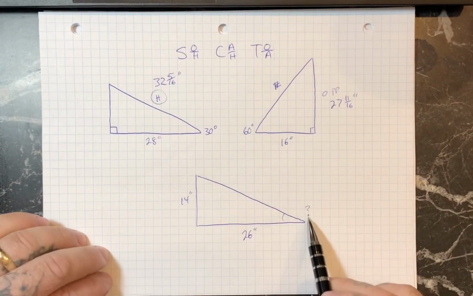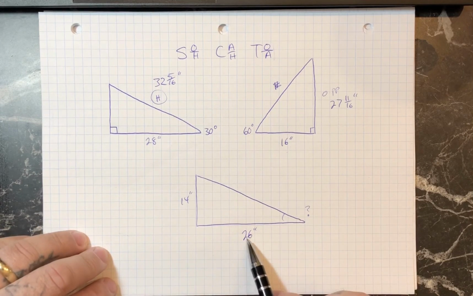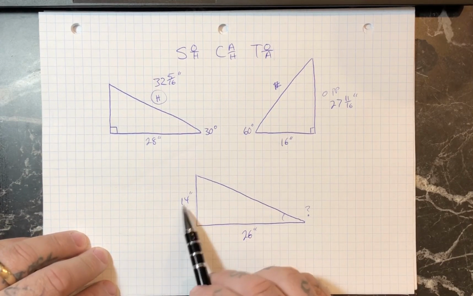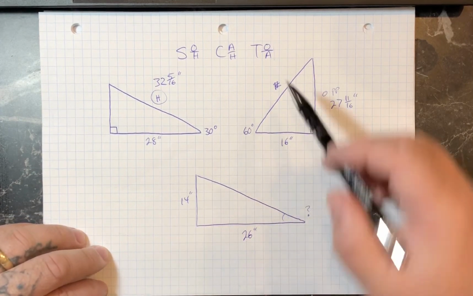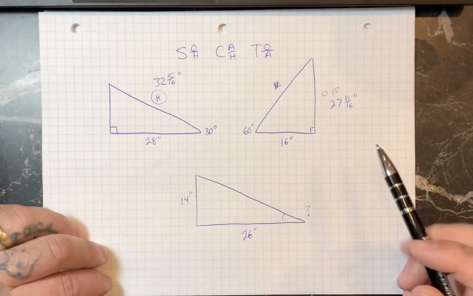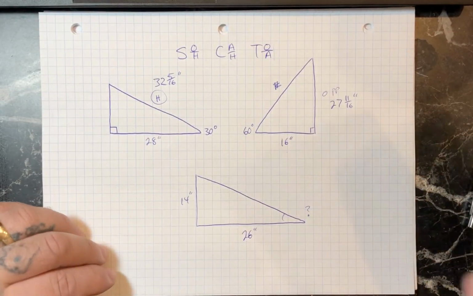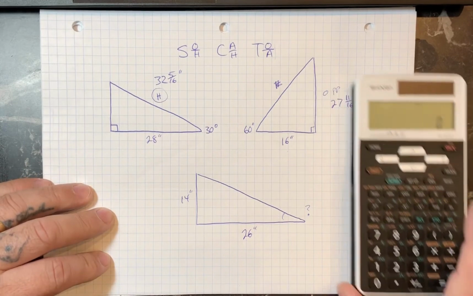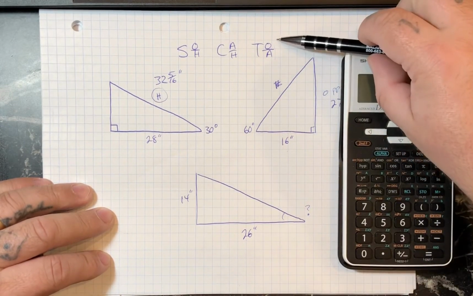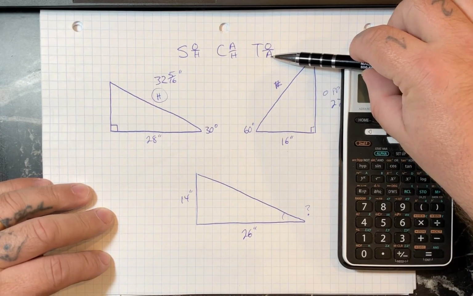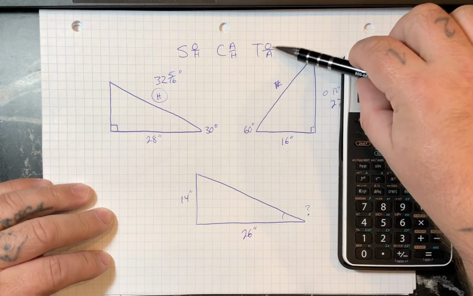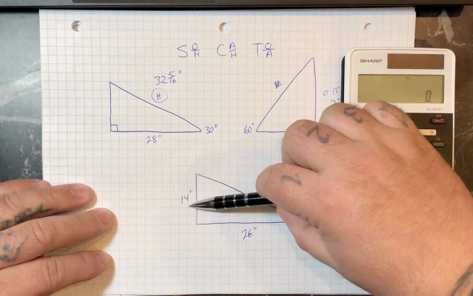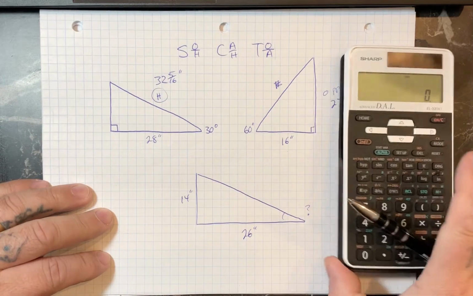So from where this angle is, this one is adjacent to it, this one is opposite to it. So again, that's going to be opposite and adjacent, so a tan function. And it's opposite divided by adjacent, right? T-O-A. So it's going to be 14 divided by 26.